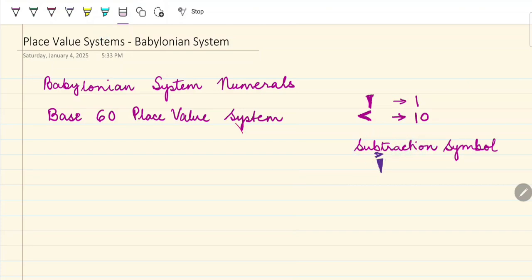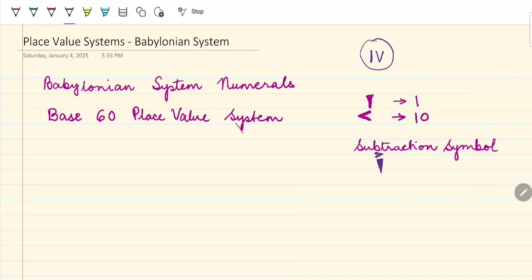All they did was put the lower valued numeral to the left of the higher valued numeral to indicate that there was subtraction involved to determine the value of the number. But here in this case they have a specific subtraction symbol they would use, and they would show it in the representation of the number. So let's see how they formed different numbers using just two numerals and the subtraction symbol.